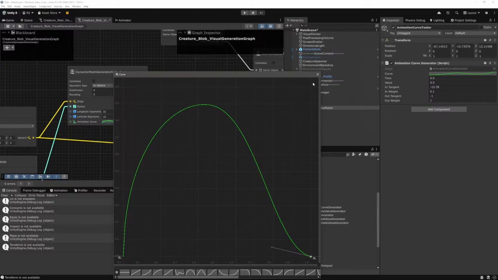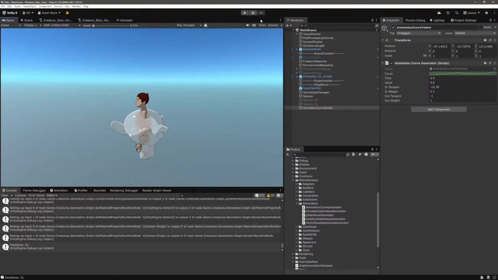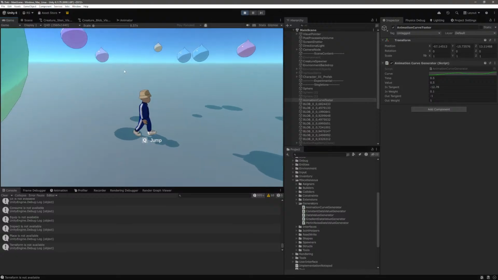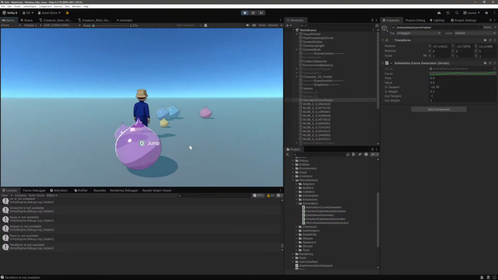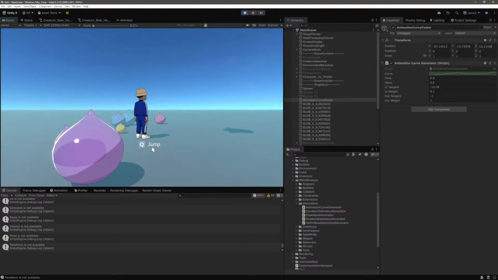I wonder how it would look like this. Holy shit, that's almost even better. It's actually kind of beautiful.